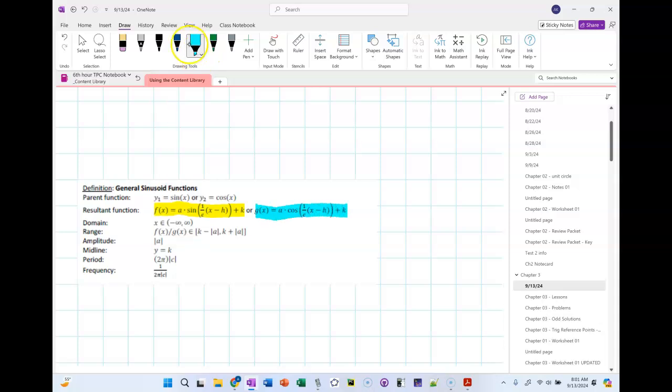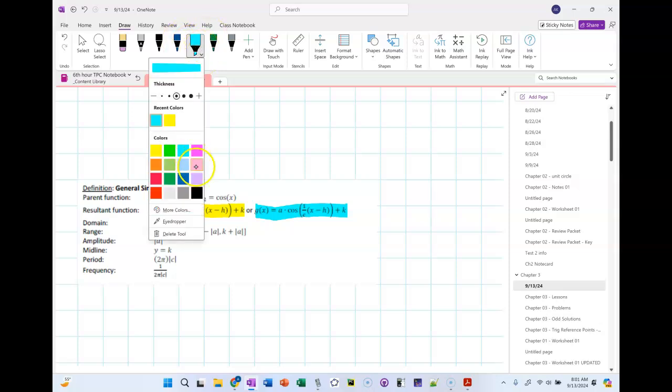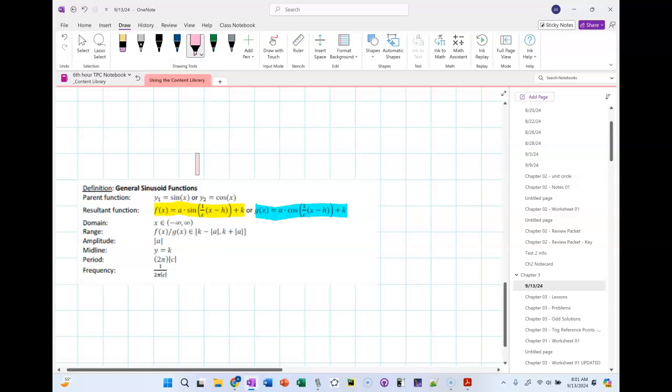The only difference is that it's cosine there. The big three that we care about right now are going to be the amplitude, the midline, and the period, and showing how those coefficients in our equation relate to the values for my midline, my period, and my amplitude.